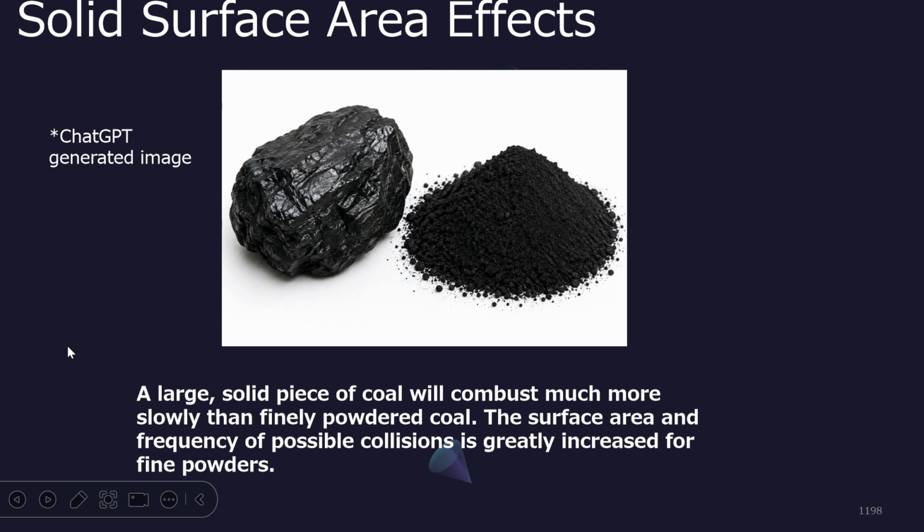If you have powdered coal, way more surface area on those particles is available for collision with oxygen. So a large solid piece of coal will combust much more slowly than a finely powdered coal. And this is true for pretty much any solid that can do a reaction. When it's powdered, that's the quickest reaction rate you will accomplish. The surface area and the frequency of possible collisions is greatly increased for fine powders.